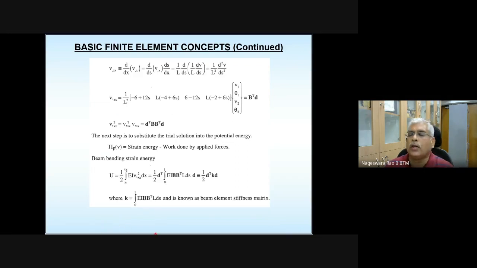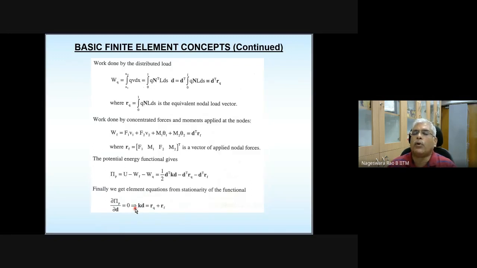B is 4 rows by 1 column, and B transpose is 1 row by 4 columns. So 4 by 1 multiplied by 1 by 4 means K is going to be a 4 by 4 matrix. So let's find that 4 by 4 matrix.